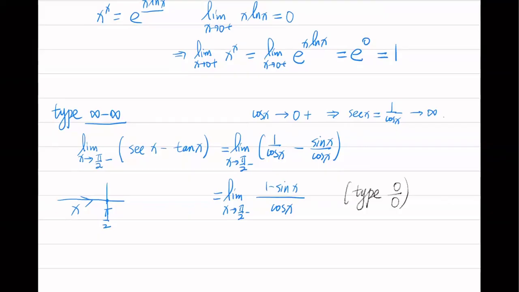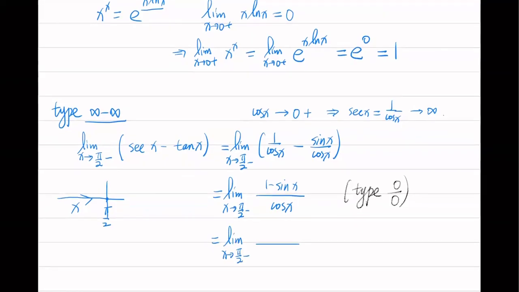Derivative is correct, but the L'Hopital rule makes it more clear what we are doing. Okay, so what's this limit?